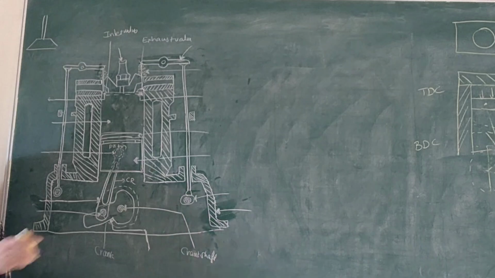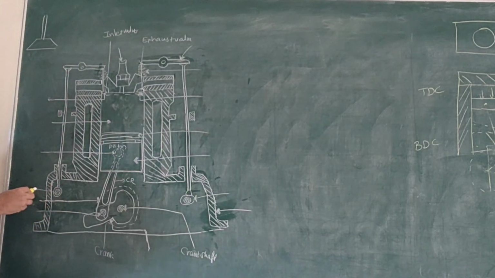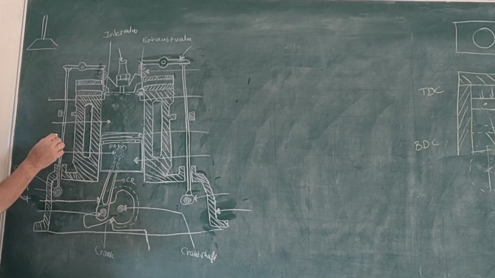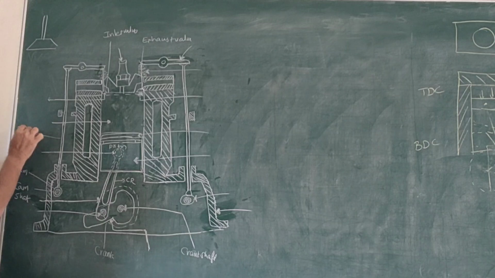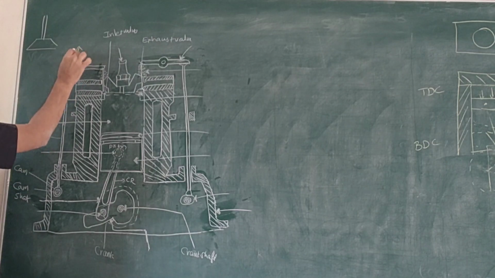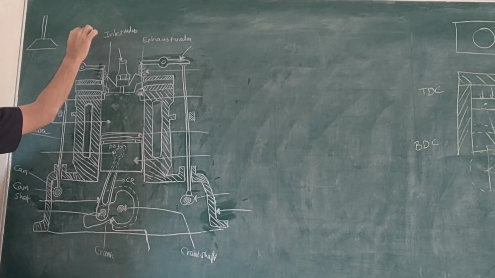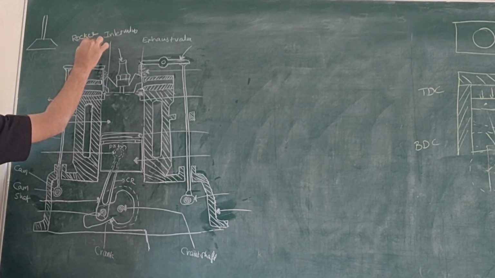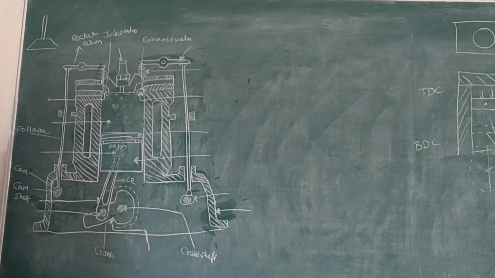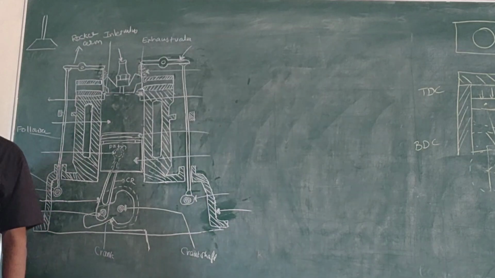And here this is called the camshaft, and this is the cam, and this is the follower, and this is called the rocker arm.